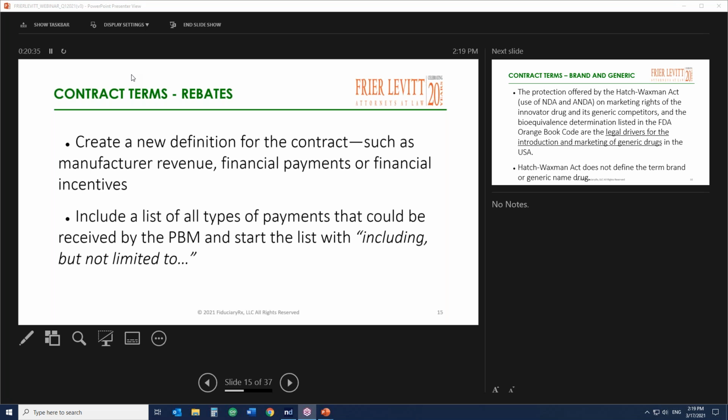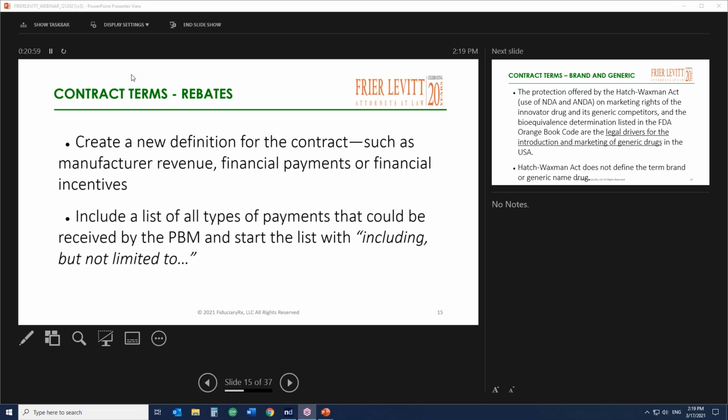A better definition should have specified rebate types such as manufacturer revenue, financial payments, financial incentives, credits, discounts, market share rebates that the PBM and its rebate aggregators received from the manufacturers.